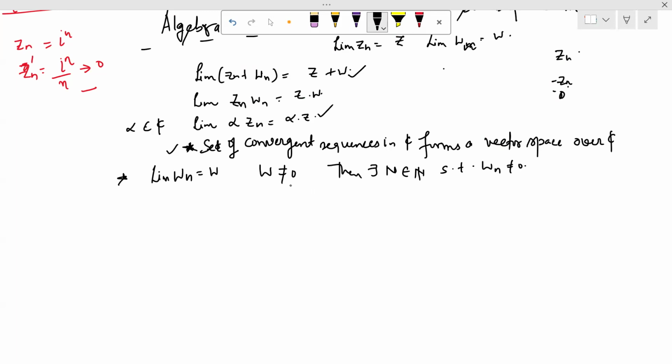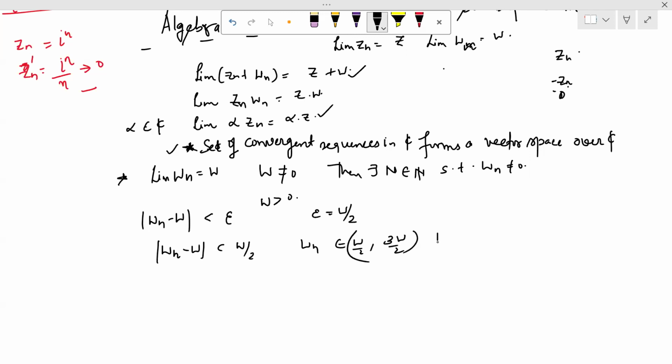It means that if W is positive, then |Wn minus W| can be made less than epsilon. Take epsilon to be equal to W upon 2. It implies |Wn minus W| can be made less than W by 2, so Wn lies between W by 2 and 3W by 2. It implies that for some natural number n, Wn would be always greater than 0. Similarly, you can prove it for a negative number.